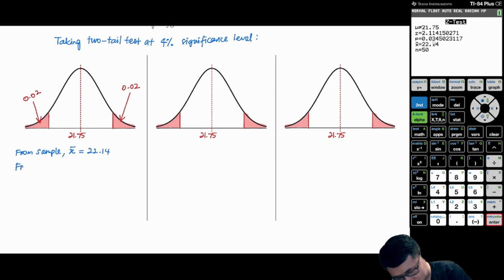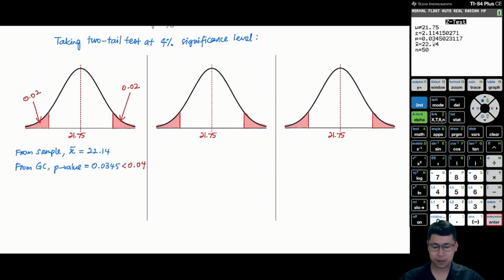So from the GC, our p-value over here is 0.0345, and this one is actually less than 0.04. This tells me that 22.14, sorry, it's on this side, 22.14.